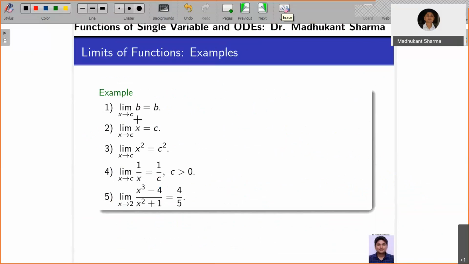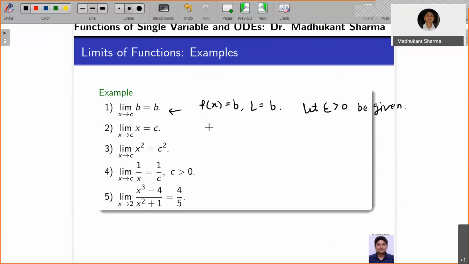Now look at the first example. If you compare, f(x) is equal to b, L is equal to b. Let epsilon bigger than 0 be given.